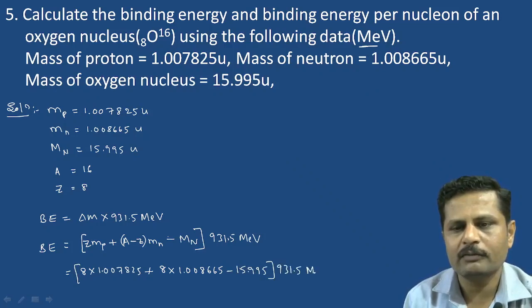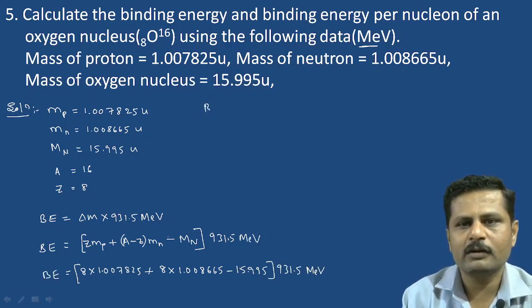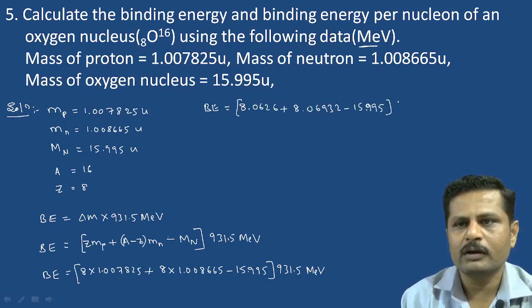931.5 MeV. Simplifying this, binding energy equals 8 into 1.007825, which equals 8.0626, plus 8 into 1.008665, which equals 8.06932, minus 15.995, into 931.5 MeV.